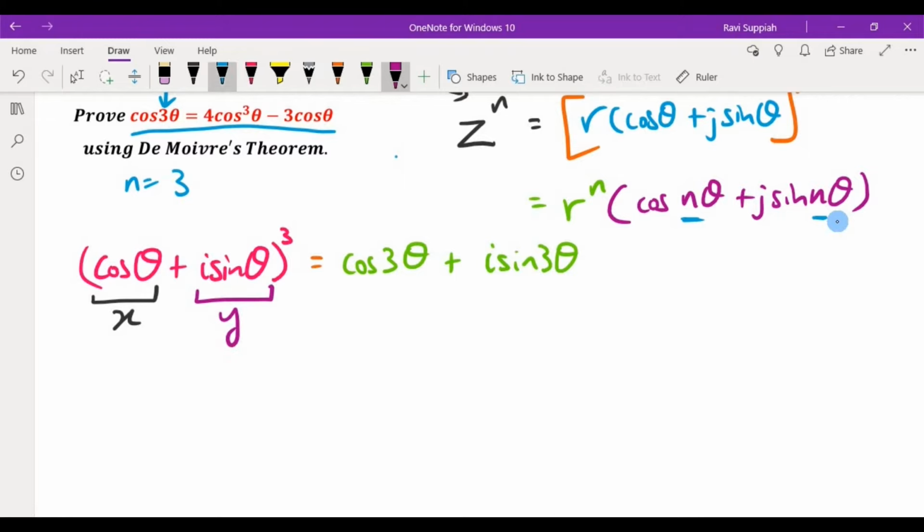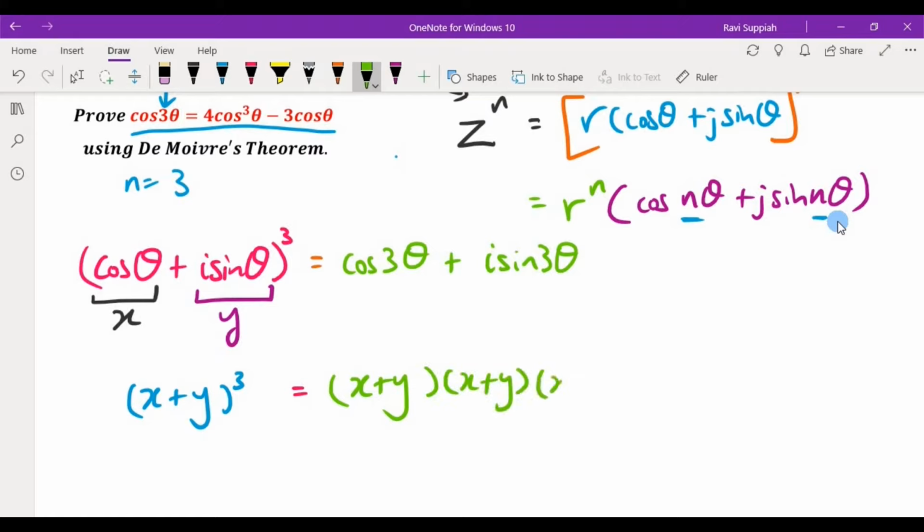So this is equivalent to writing (x plus y) cube, which equals (x plus y) multiplied by (x plus y) multiplied by (x plus y).